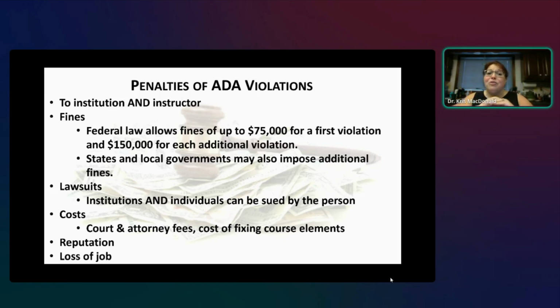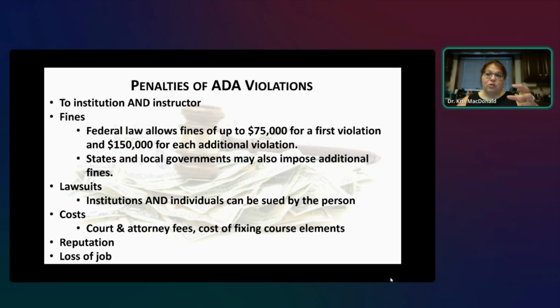And again, remember, this is whether it is a visible or a hidden disability. So if I wasn't given the help I needed, I can also come back and file lawsuits that the institution and or instructor, you're going to have to pay court fees, attorney fees, insurance fees if you have them.